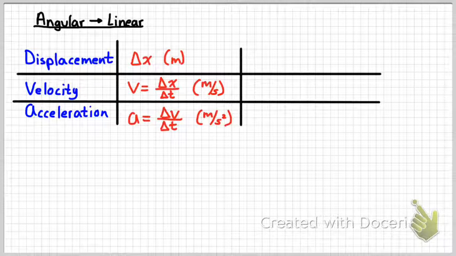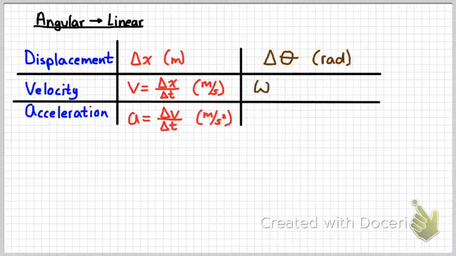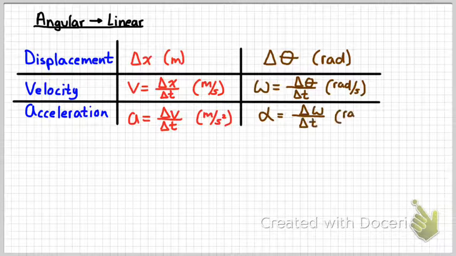The corresponding angular quantities are the angular displacement, delta theta, which we measure in radians, the angular velocity, omega, which we measure in radians per second, and the angular acceleration, alpha, which we measure in radians per second squared. So this chart might be useful to help us compare those two different quantities.